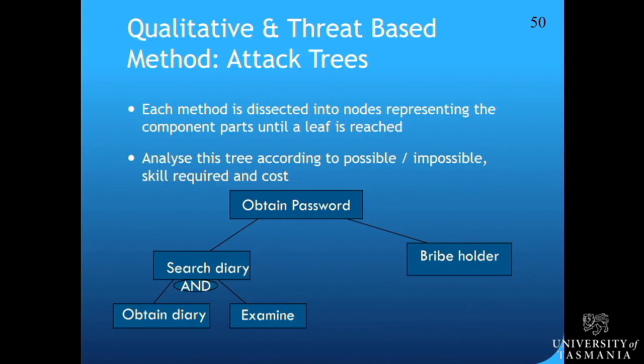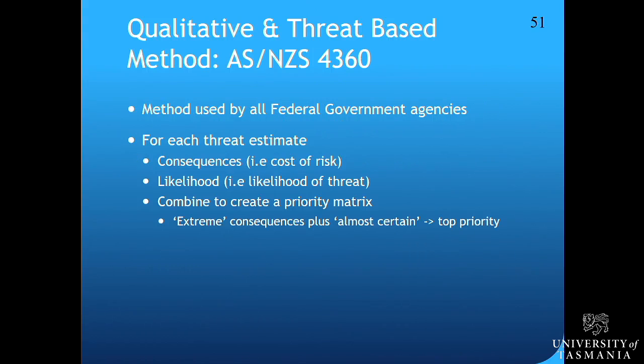This one, they know what's occurring. So this one needs user education for them not to give it up, or maybe you actually paid them enough in the first place. This one here is user education as well. Don't write your passwords in your diary. It's fairly straightforward, but it represents what we're attempting to do with attack trees.